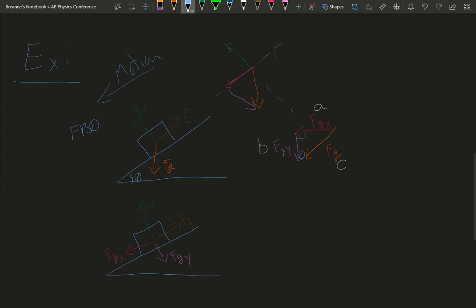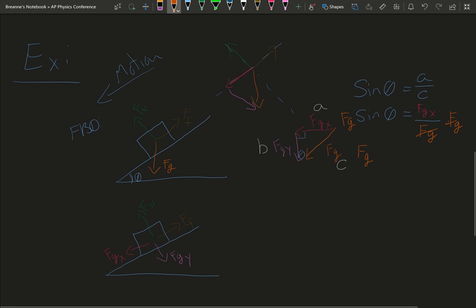So if we were going to solve for our force of gravity in the x, we would end up using our sine. So sine theta equals A over C. Sine theta would equal our force of gravity in the x divided by our C, which is just our force of gravity. We're trying to get our force of gravity in the x by itself.